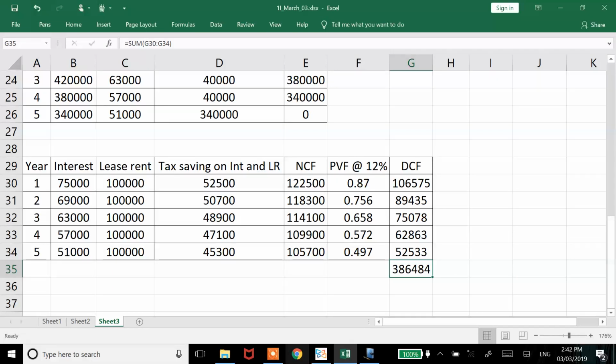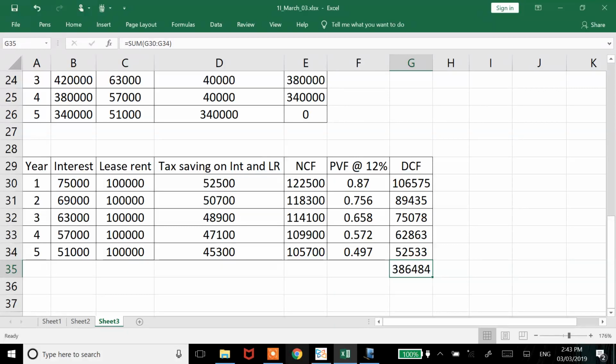Principal payment is not considered in the above cash flows, as the same would be paid out of part adjustment of security deposit. Clear? Any doubts on this?